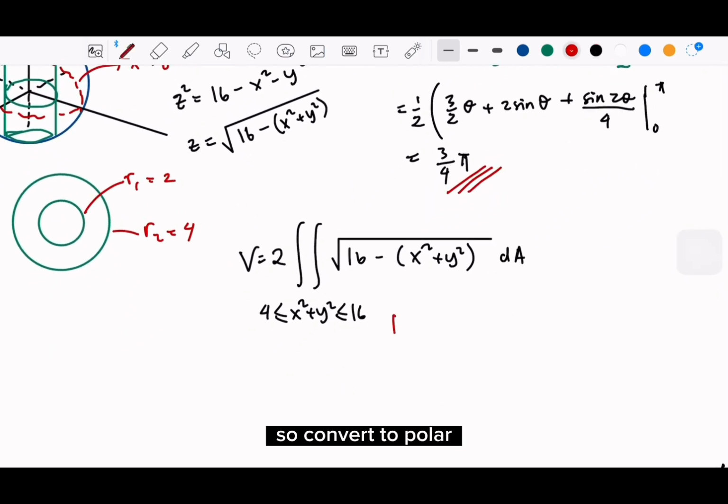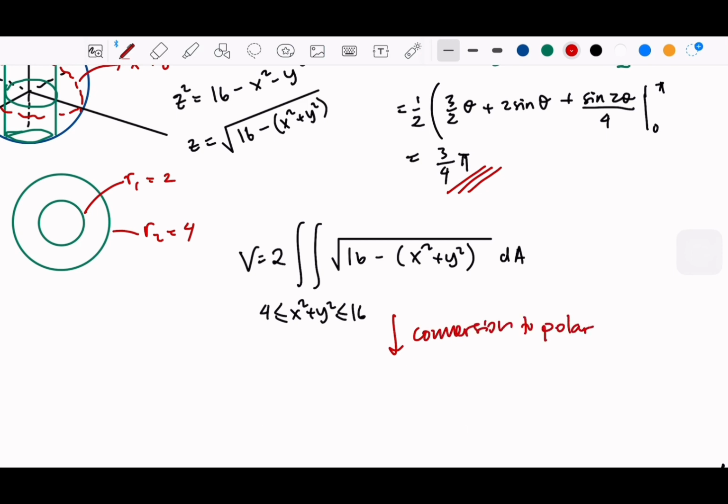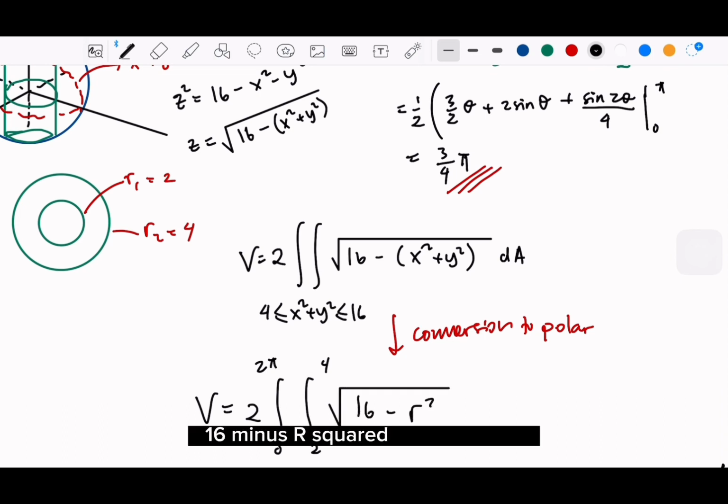So conversion to polar. And this will be the square root of 16 minus r squared, and then r dr d theta.